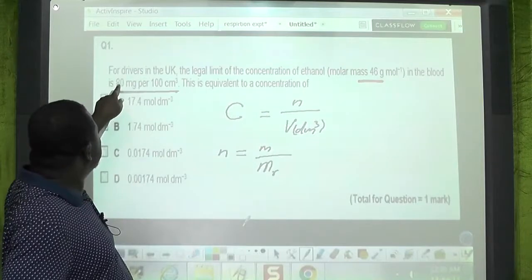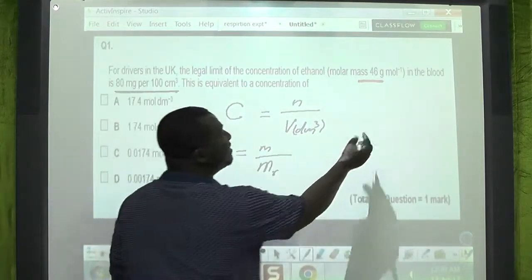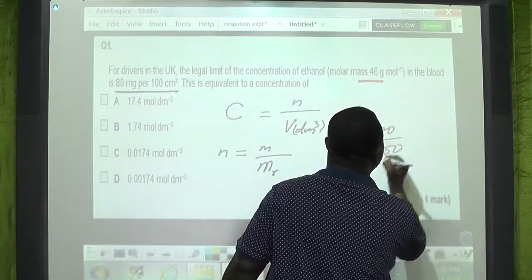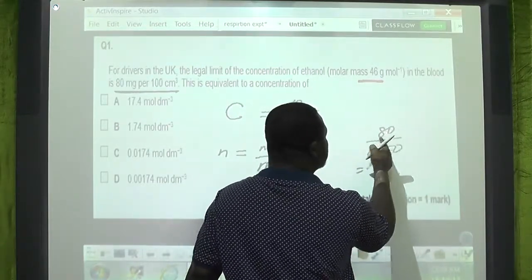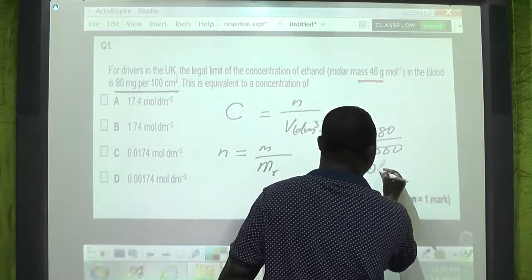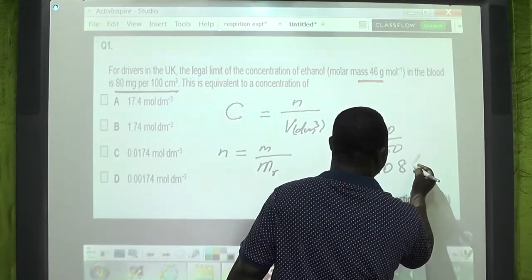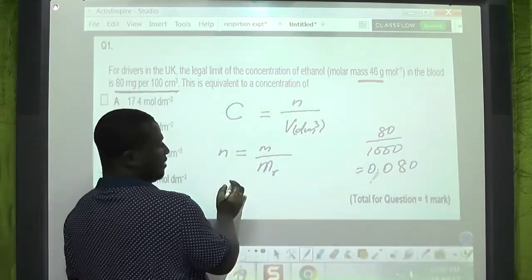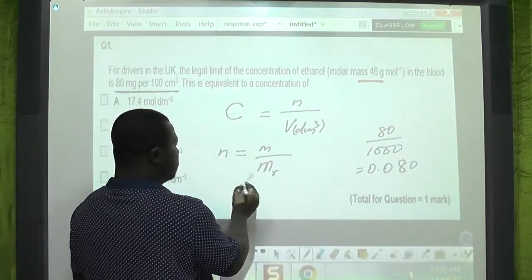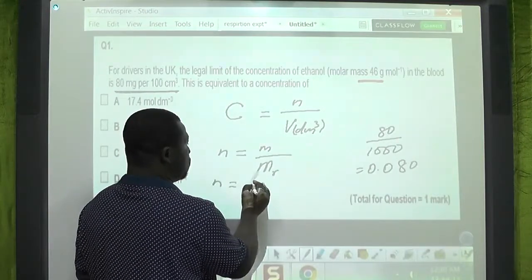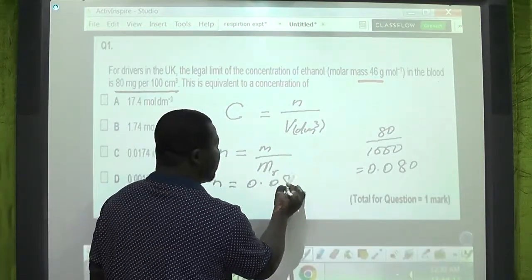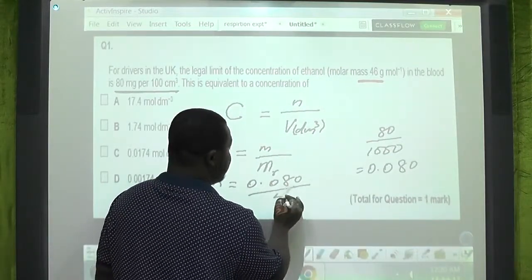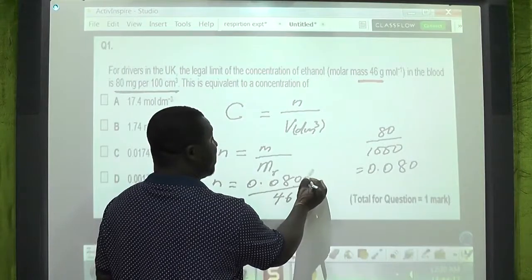So you need to change 80 milligram to gram. 80 milligram to gram will be 80 divided by 1000. This is where the trick is. Use your calculator, you are going to get 0.08. So n equals 0.08 divided by 46, because this is now in grams.